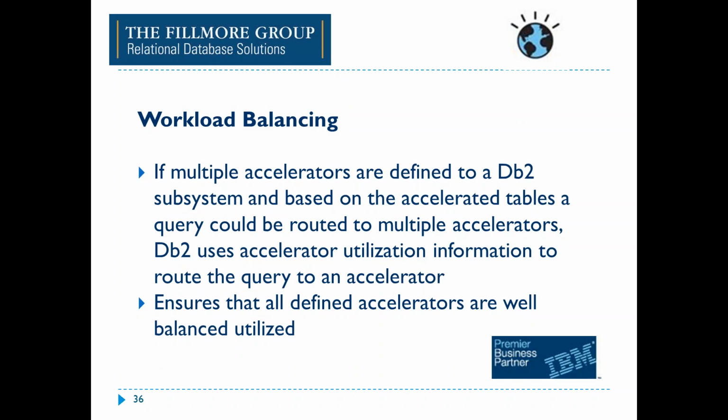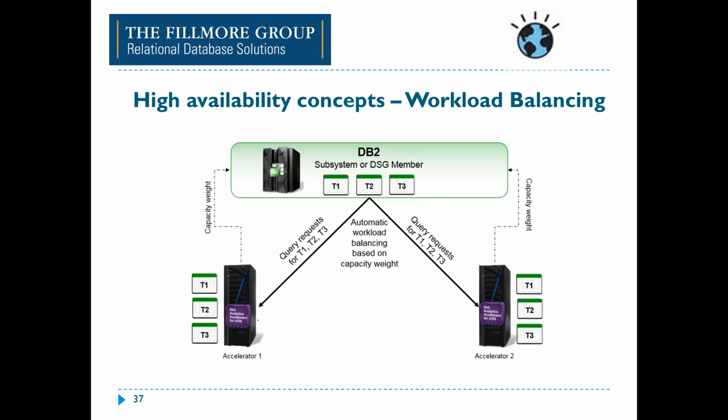Workload balancing is important too. This has been available since early in IDAA's life: the ability to have multiple accelerators in the same data center with the same data and route queries to them based on how busy each one is. There is something called a capacity weight, which is broadcast back to Db2 for z/OS.